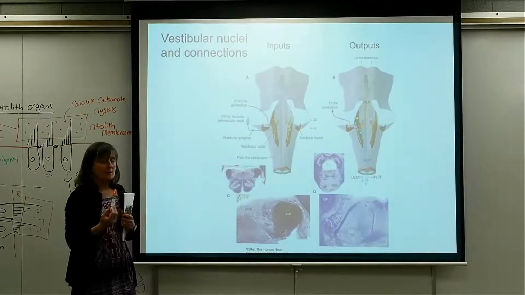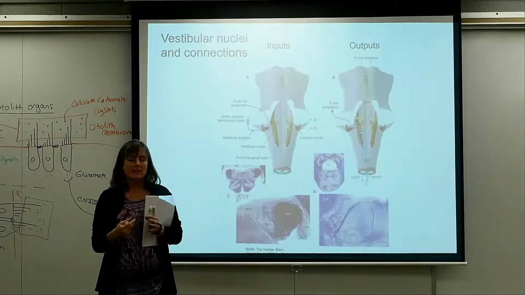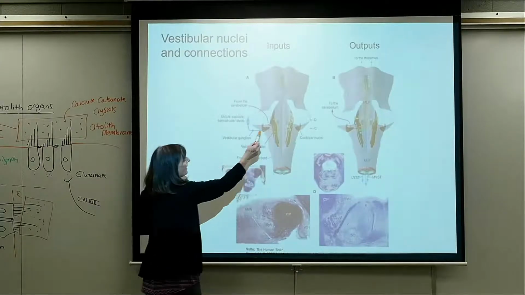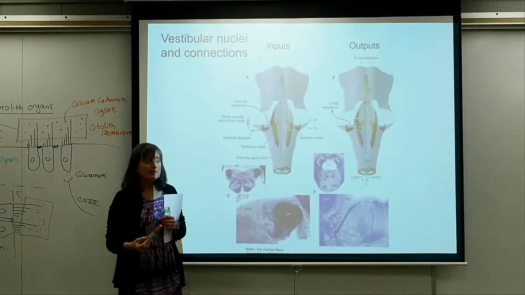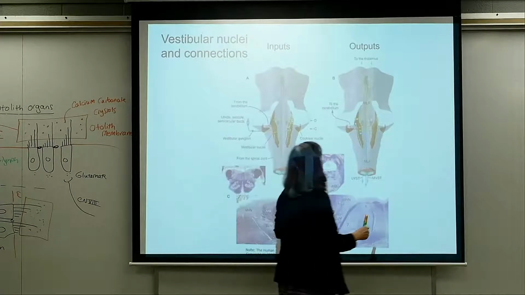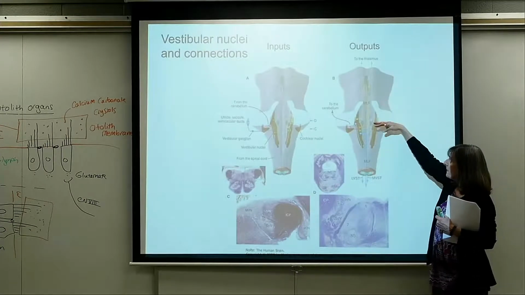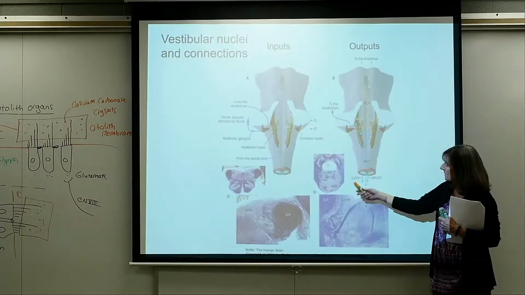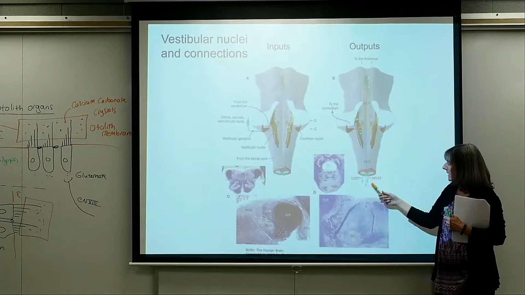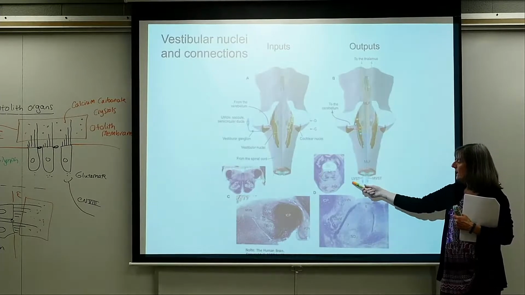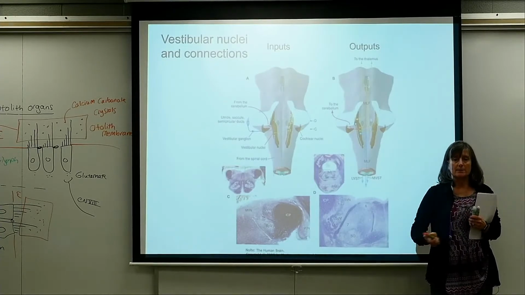And what we're going to talk about in the next lecture is how these inputs, and the change of activity in these inputs, are going to affect the cells of the vestibular nuclei and lead to changes in extraocular eye movements, and also changes in activity in the vestibulospinal tracts, the lateral and the medial vestibulospinal tracts. So we'll talk about those in the next video, the next lecture.